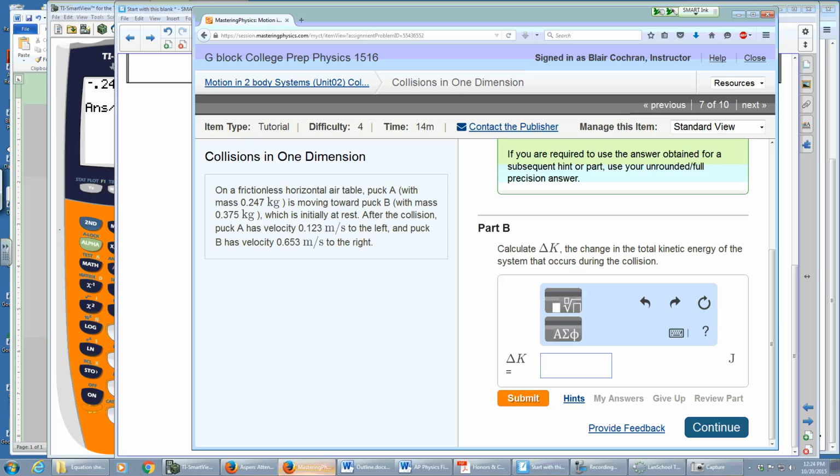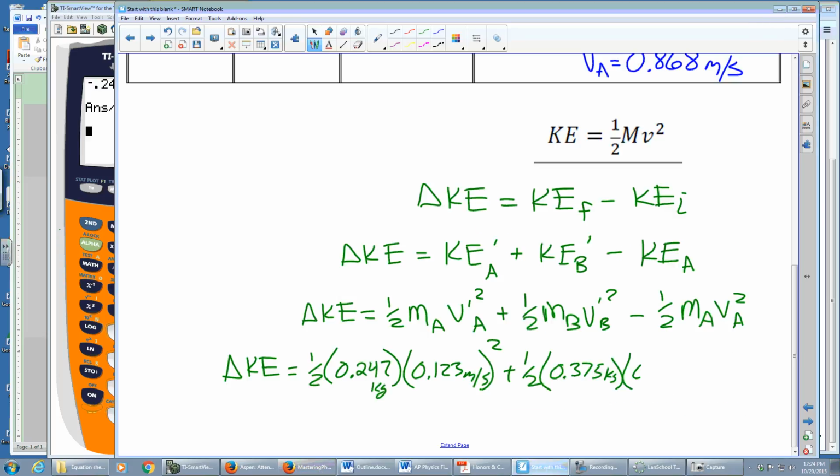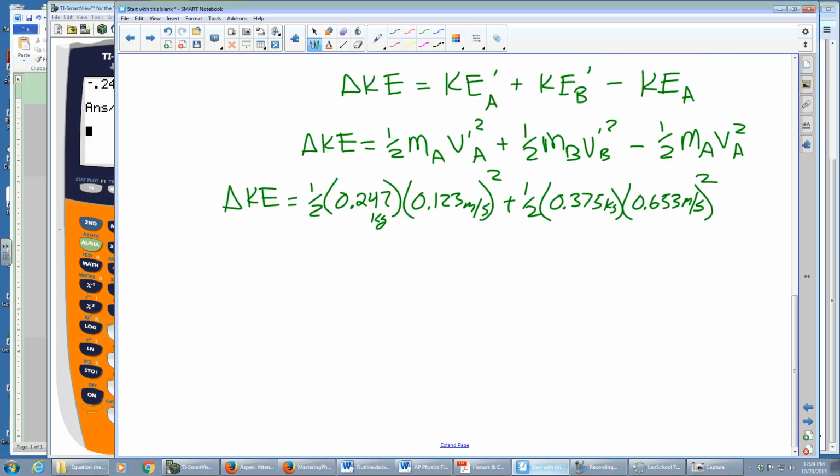B is 0.653. Of course, you could do each of these separately and then add them all together. Given the type of calculator I tend to use, I tend to do everything all at once.